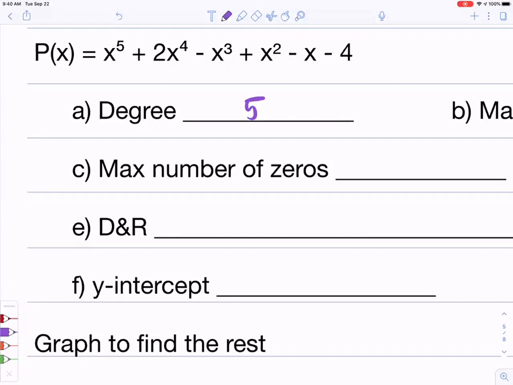What's the maximum number of zeros? What's the maximum number of solutions? What's the maximum number of x-intercepts? All of those are the same question. But if you don't realize that they all mean the same thing, and you only memorize one of them, you might get stuck if I ask one of the other ones. Okay, so what is my maximum number of zeros, roots, solutions, x-intercepts? 5, because it's the same as the degree.